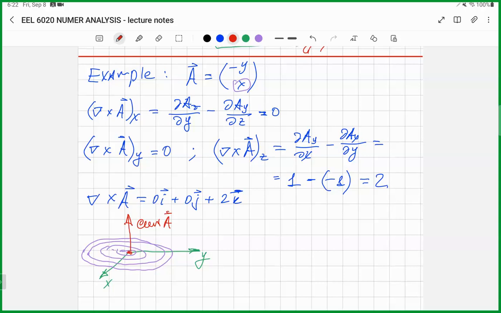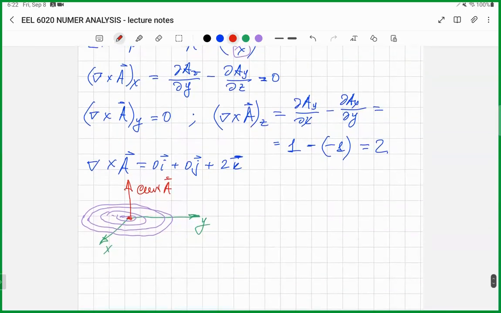It's orthogonal to the field. So you see, it's like a vector that defines the direction of the surface. So now we have this surface of the field with a vortex, and we get this curl orthogonal to the surface, and it defines basically the rotation, the circulation of this field.